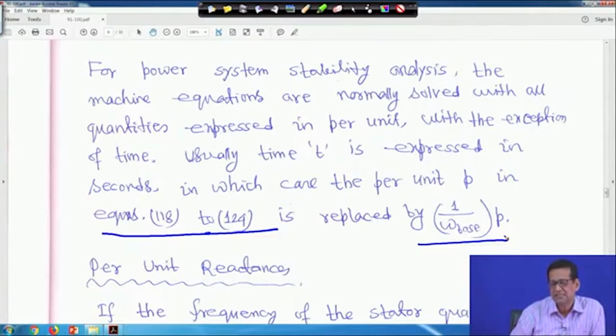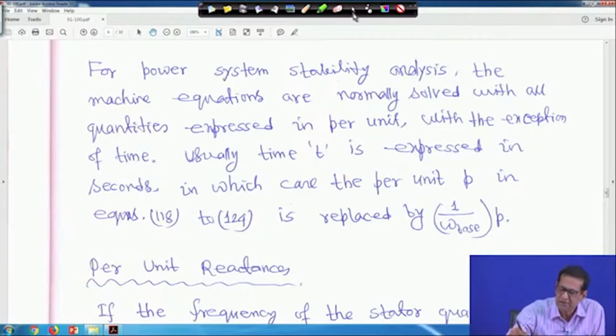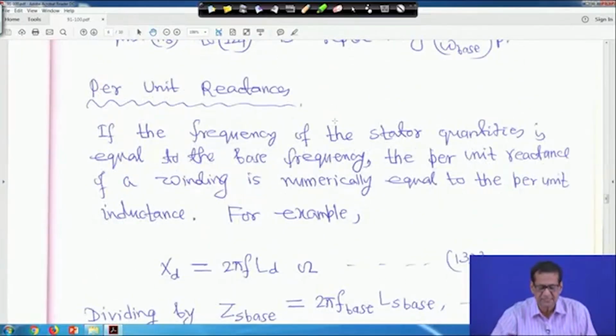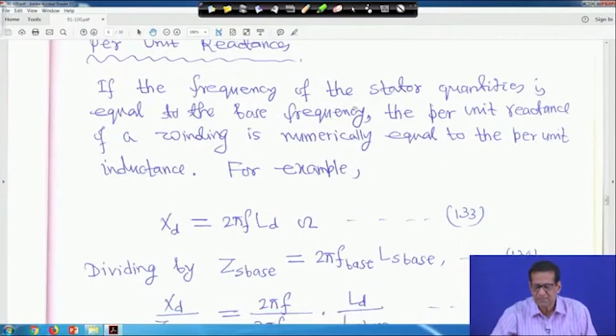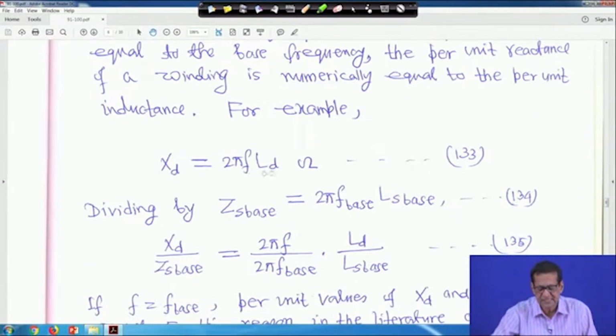P we have seen that it is basically d/dt, the differential operator, right. And similarly, per unit reactance we have seen, but it is a summary, just repetition once again: if the frequency of the stator quantities is equal to the base frequency, the per unit reactance of a winding is numerically equal to the per unit inductance. For example, xd, we know in general x is equal to L omega.